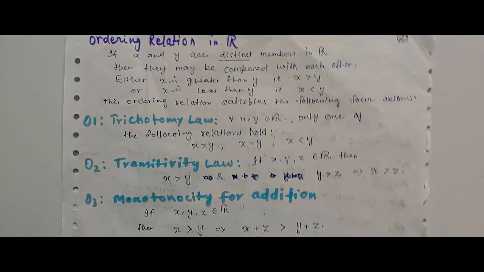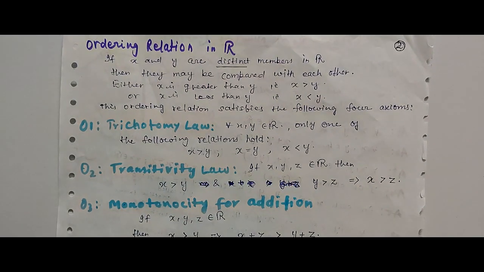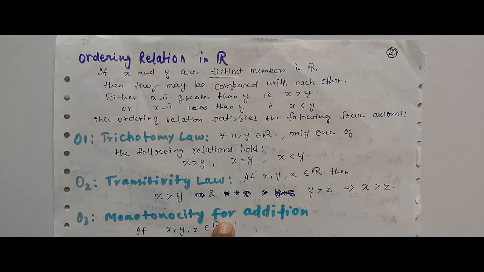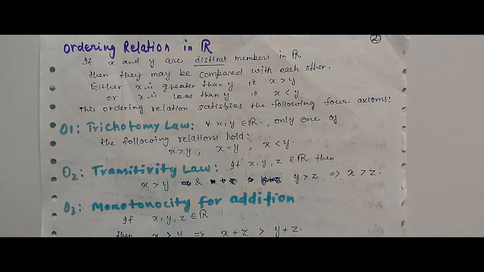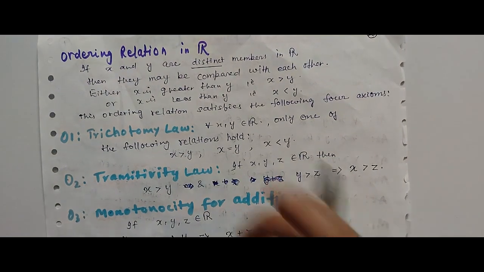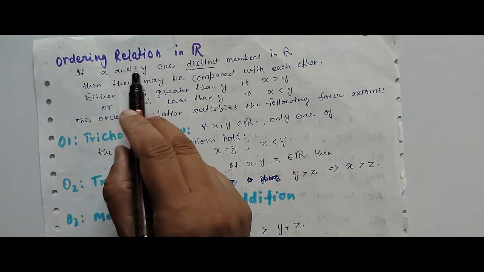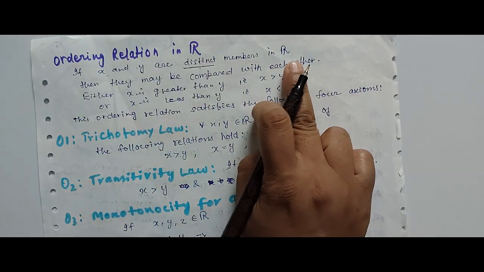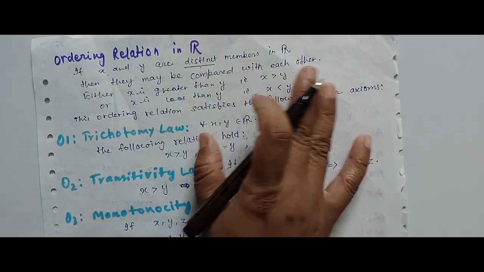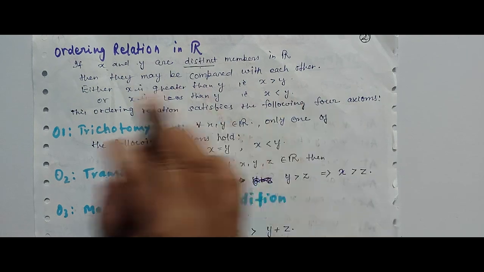Now we'll see the order relation in R. Ordering in R means if you take any two elements in R, you can compare them. So if we have two distinct elements x and y in R, we can compare them. How?